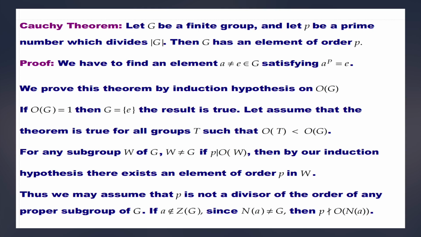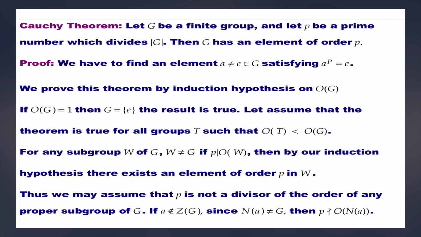Let us assume that the theorem is true for all groups T such that the order of T is strictly less than the order of G. For any subgroup W of G, W not equal to G, if p divides the order of W, then by our induction hypothesis there exists an element of order p in W. Thus, we may assume that p is not a divisor of the order of any proper subgroup of G.